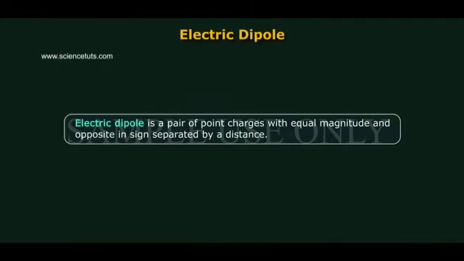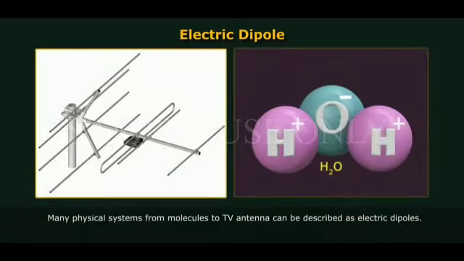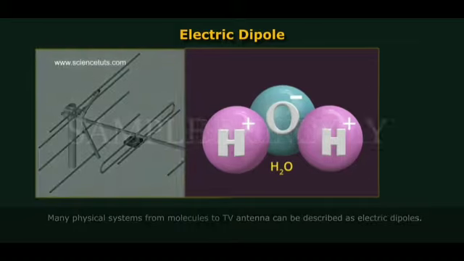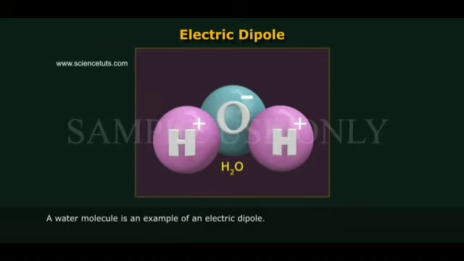Electric dipole. An electric dipole is a pair of point charges with equal magnitude and opposite in sign separated by a distance. Many physical systems from molecules to TV antenna can be described as electric dipoles. A water molecule is an example of an electric dipole.